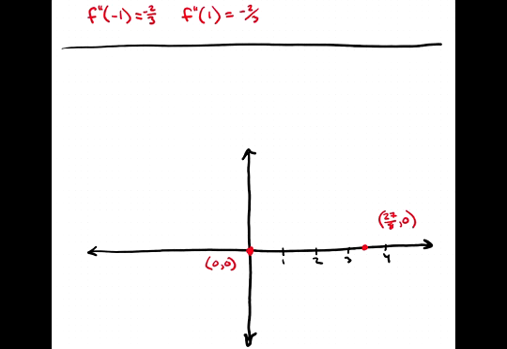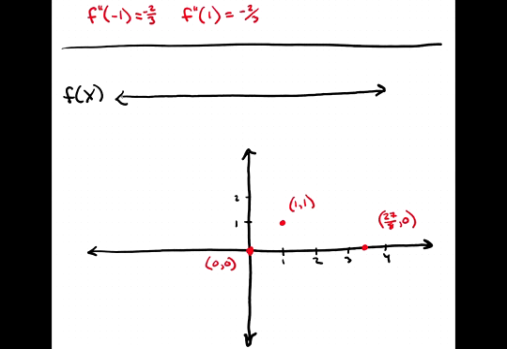We also have a maximum value when x is equal to 1. That came from the derivative. So the point 1, 1 is a maximum. All right, so now what's happening between these points? Let's look at the number line. What is the function doing from negative infinity up to 0?